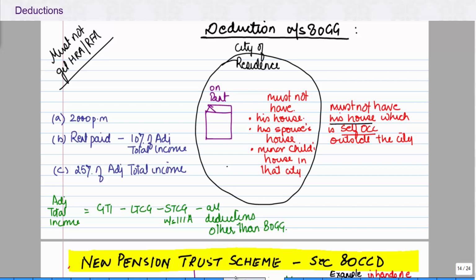So for a person who does not own a house and is residing in a rented accommodation, or maybe owns a house in a different city, is working in another city, so he's taken a house on rent. So that rent is allowed as a deduction.